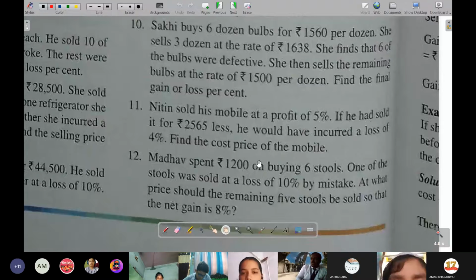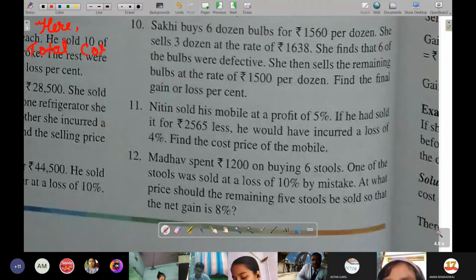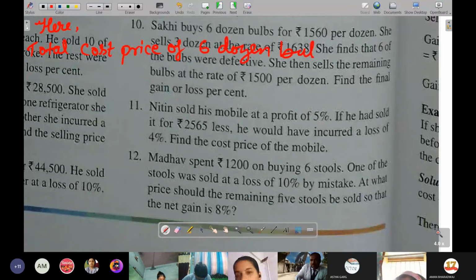So just see, she had 6 dozen. So our total CP you can write here: total CP or cost price of 6 dozen bulbs is equal to rupees 1560 into 6.